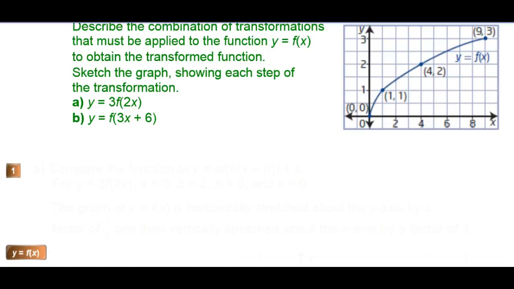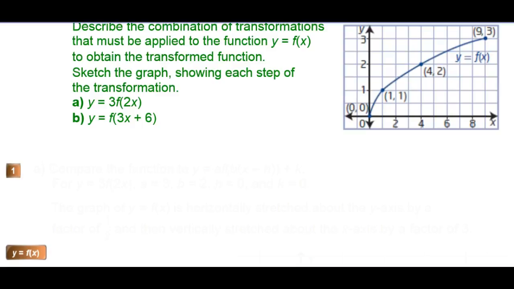So I'll just put my table here. It's going to be kind of in the way, but remember in the first one we had a vertical stretch of 3, meaning our y's all get multiplied by 3. So I would times all my y's by 3. So now I have 0, 3, 6, and 9. And then this 2 makes all my x points half as big.